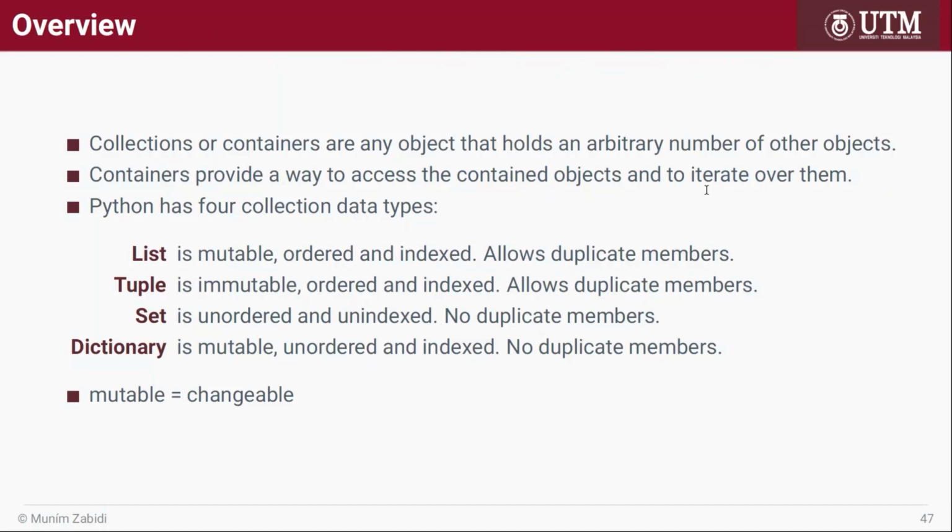What that means is that ordered means the items inside the list will have a certain sorting order. The order is always the same. If you put number one first, and then you put number two inside there later, the sequencing will always be the same. Number one first and then number two second.